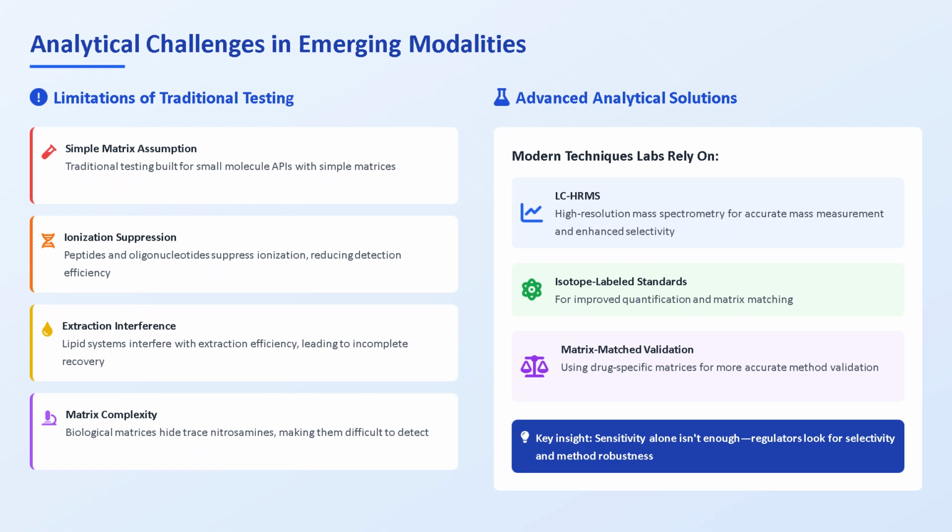That's why modern labs rely on LC-HRMS, isotope-labeled standards, and matrix-matched validation. And here's an important regulatory insight. Sensitivity alone isn't enough. Regulators expect selectivity, robustness, and scientifically defensible methods.